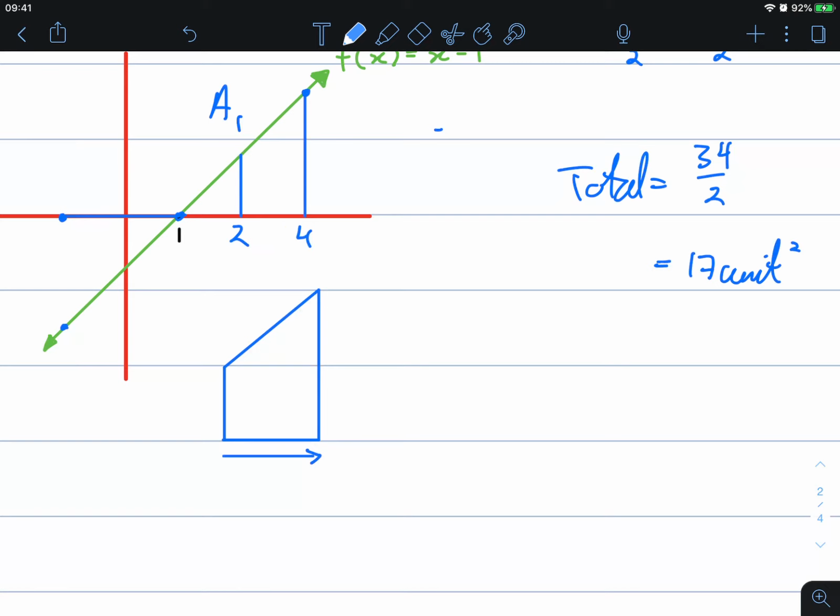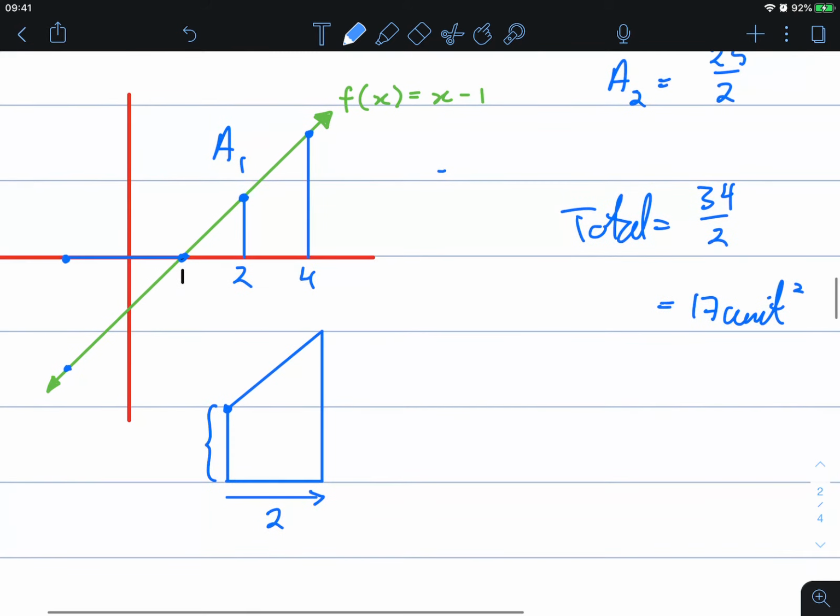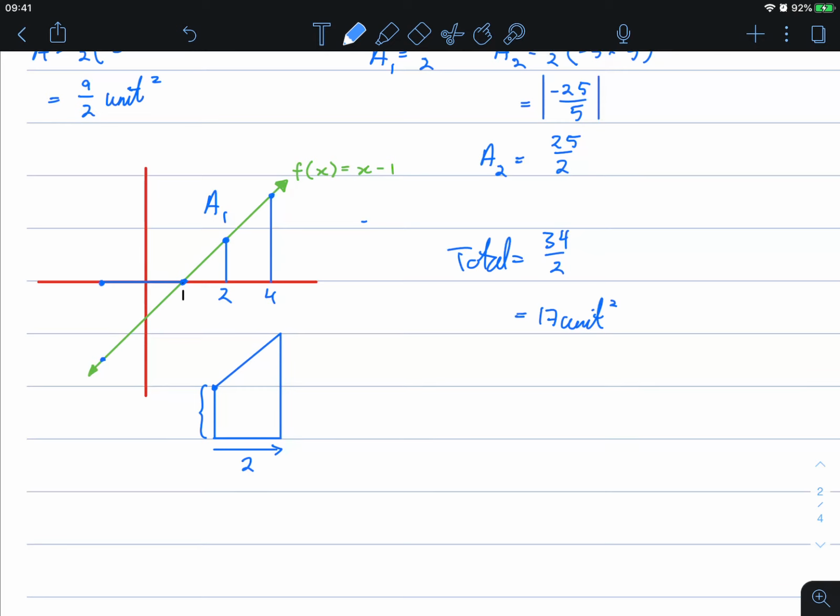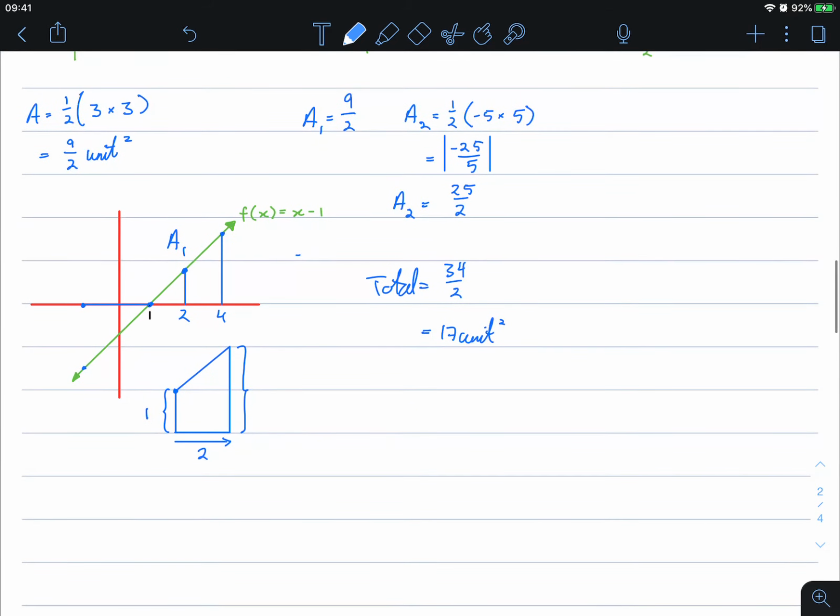So that's going to be 2 units across. We want this length here. Well, we can see that that point is f of 2, so 2 minus 1, that's going to be 1. And now we need that length there, which we already know to be f of 4, so 4 minus 1 is 3.